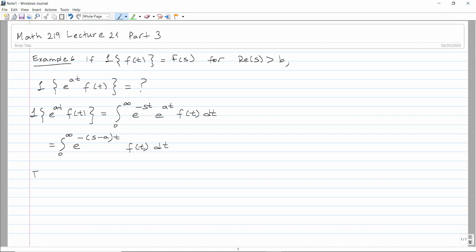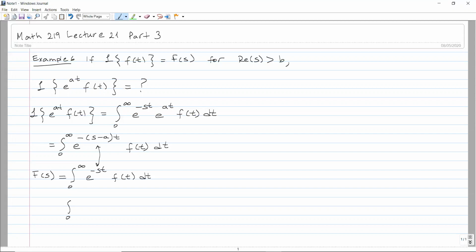Now, remember we have the Laplace transform of the function f. By definition, it is the integral from 0 to infinity of e to the minus st f of t dt. So if you compare these two, you see that the difference is that in one of the integrals we have s and in the other one we have s minus a.